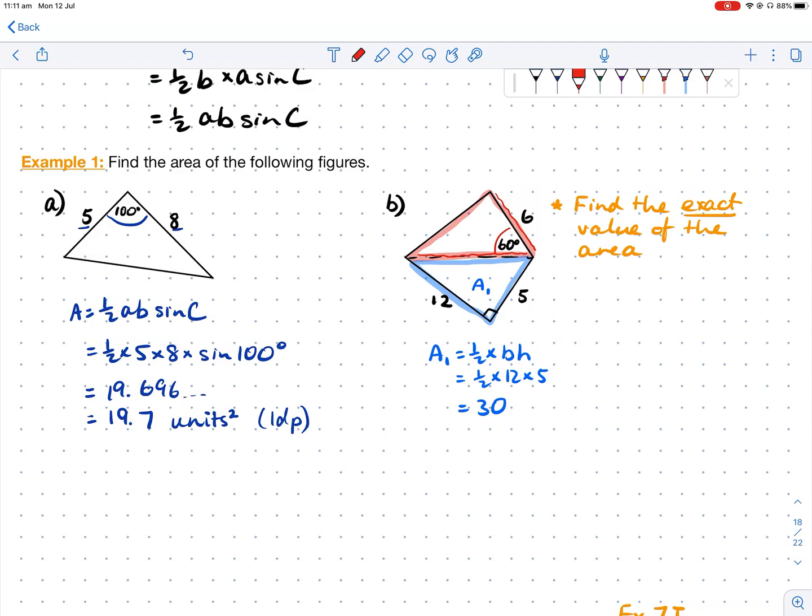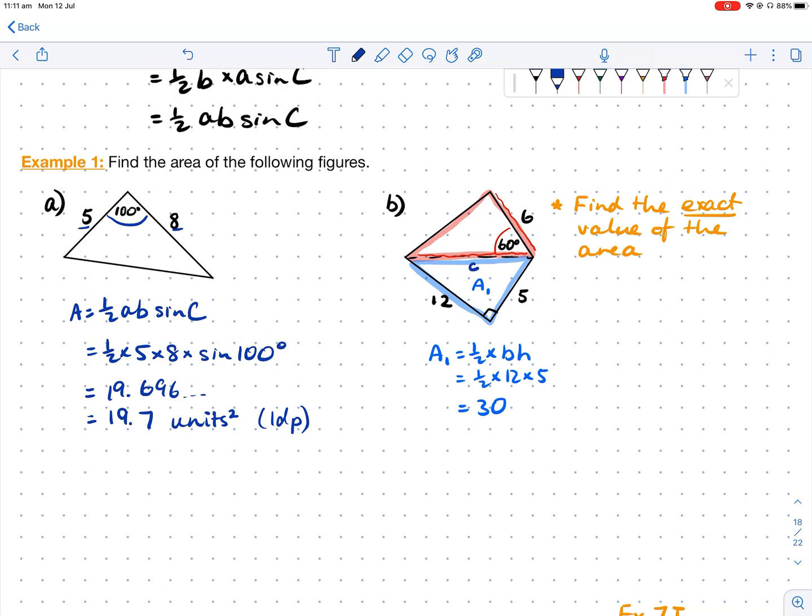We haven't been given a right angle here, so we can't assume it. But using the rule that we've just been looking at, if we know the diagonal of this quadrilateral, then we can work out the area of that shape. To work out the diagonal, we go back to this triangle here. Because it's a right angled triangle, we can use Pythagoras to work out that side.